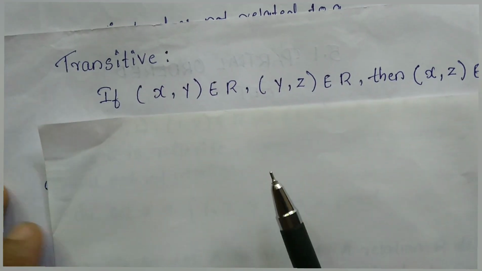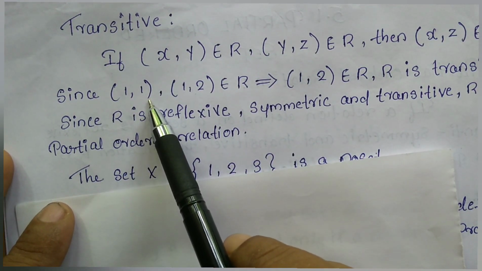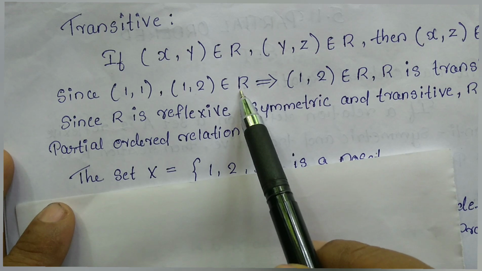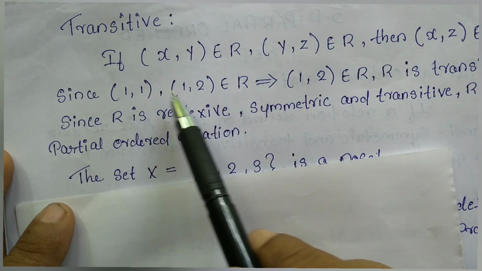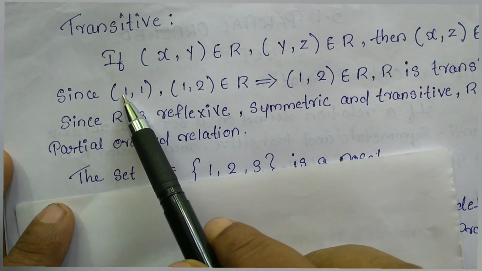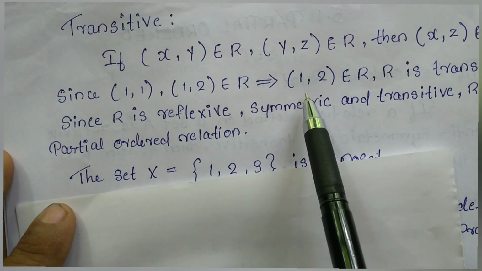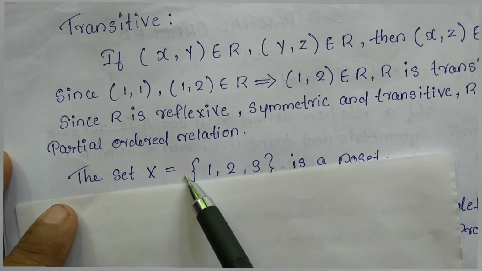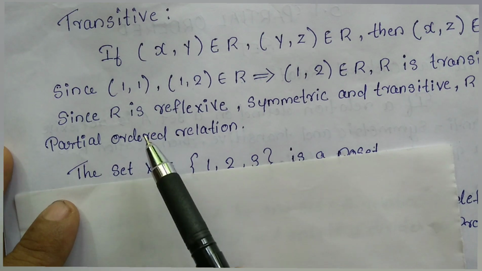So now let us take this example. 1 comma 1 and 1 comma 2 belong to R. Here the 1 and 1 are identical, and we take 1 comma 2. But 1 comma 2 belongs to R, it already exists in the given relation. Therefore, R is transitive.